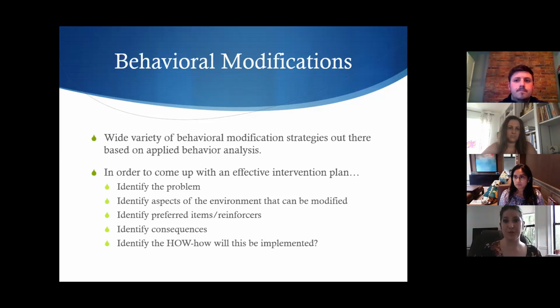What is the issue around sleep? Is it falling asleep? Is it getting up in the middle of the night? What specifically is the issue around sleep? Then identifying aspects in your environment that can be modified. I'll go into each of these. Then identifying preferred items and reinforcers, identifying consequences, and then identifying how. How are we going to implement this plan?